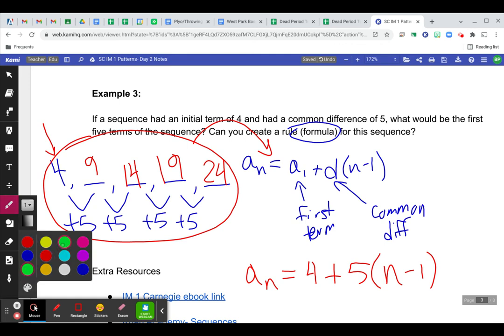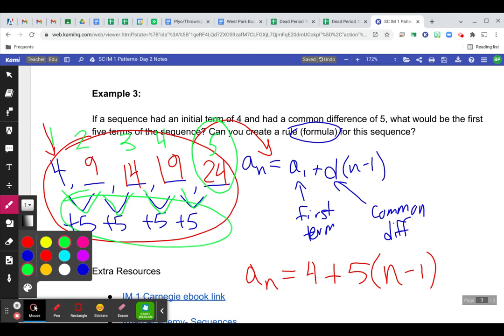A little tricky, but this is the first term, the second term, the third term, the fourth term, and the fifth term. So if we want to find the fifth term, how many times are we going to add 5? Well, we're going to add it 5 minus 1 times. Well, 5 minus 1 is 4. So how many times are we going to add 5? 4 times. Once, twice, 3 times, and 4 times. So if we want to get to the fifth term, we're going to add 5, 5 minus 1 times, or 4.